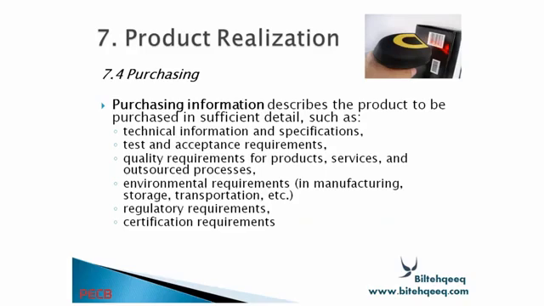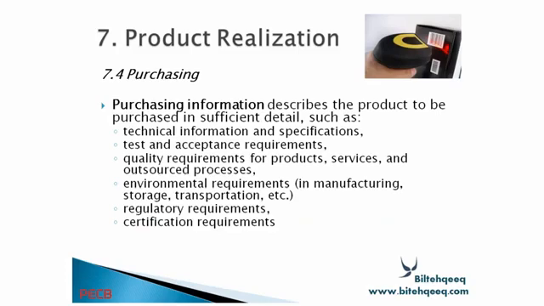The purchasing information describes the product to be purchased in sufficient detail, such as technical information and specification, test and acceptance requirements, quality requirements for products, services, and outsourced processes, environmental requirements in manufacturing, storage, transportation, etc., regulatory requirements, and certification requirements.